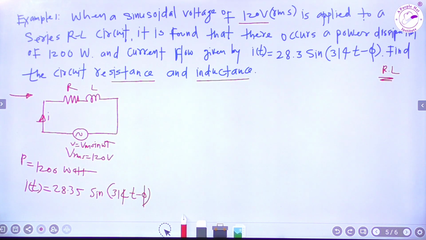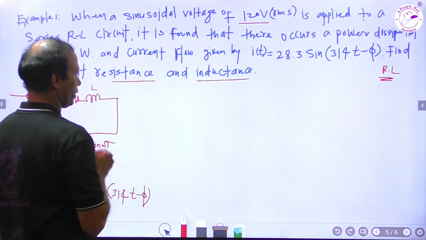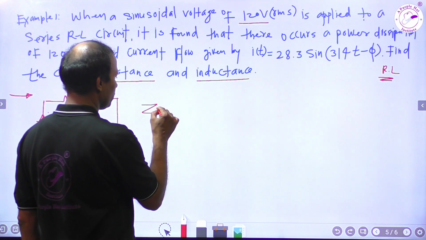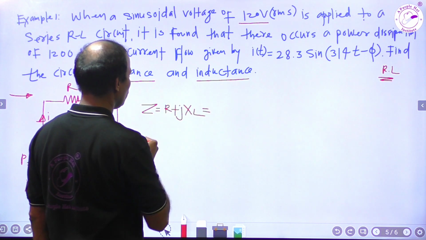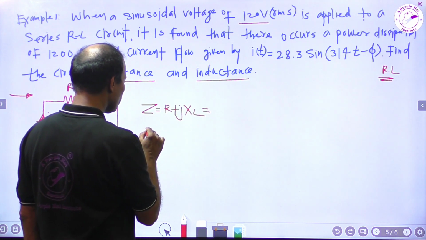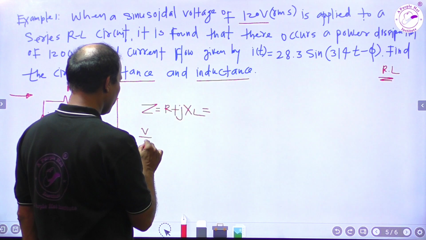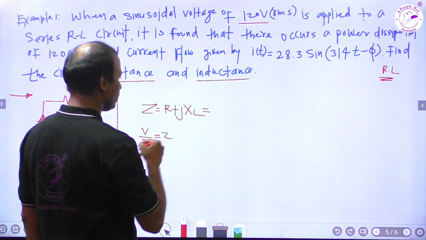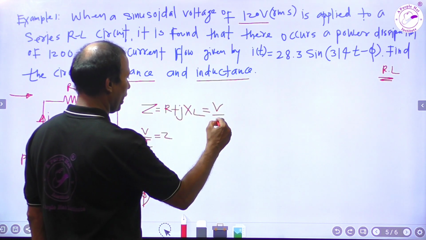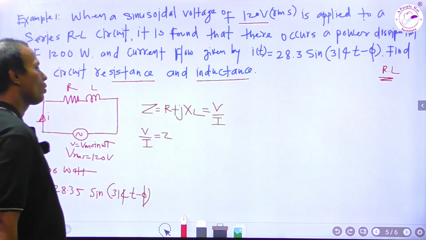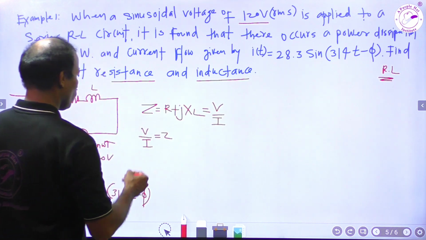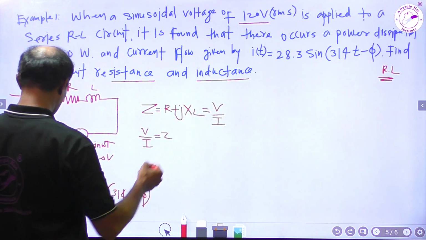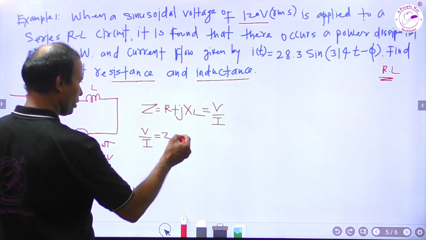Now it becomes simple to calculate the resistance and inductance, because impedance Z = R + jXL, and this impedance is also equal to V by I. In this way we can find the impedance, because the voltage is known and the current is known from the current equation.